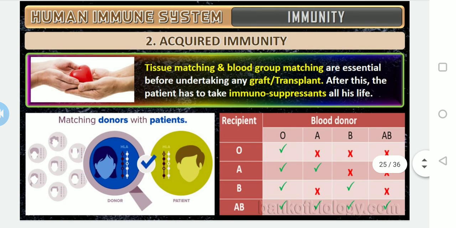So this is what I said just now. Before the organ transplantation, it is very important that tissue matching and blood group matching are done, which is essential before undertaking any graft transplant.